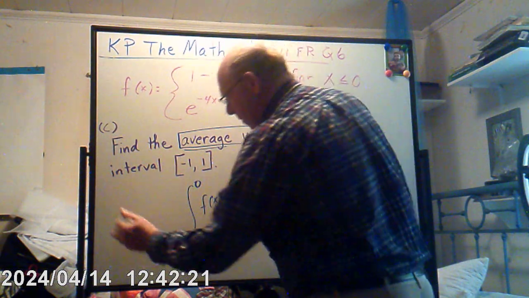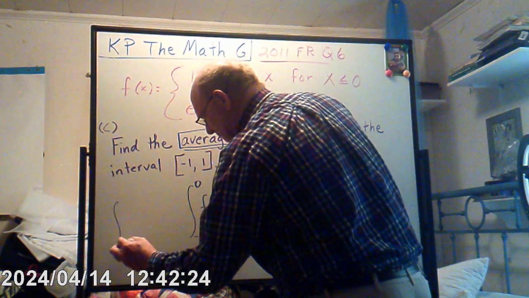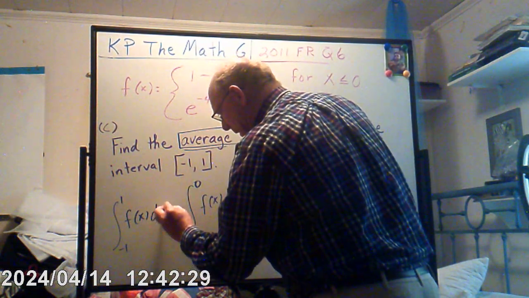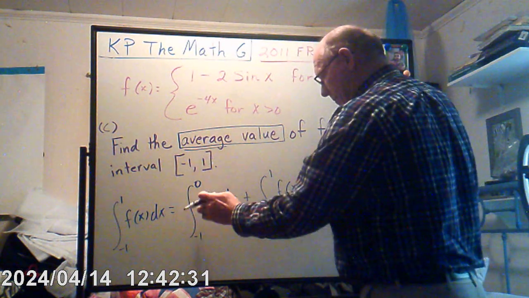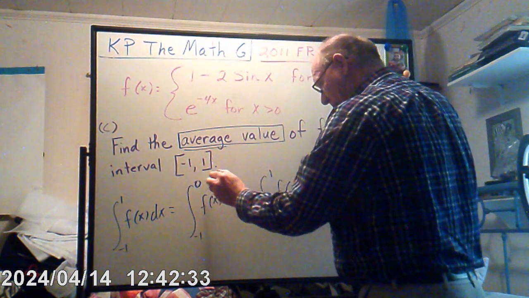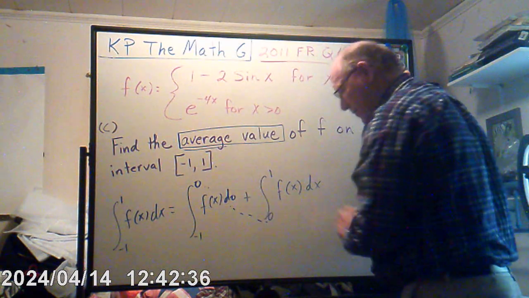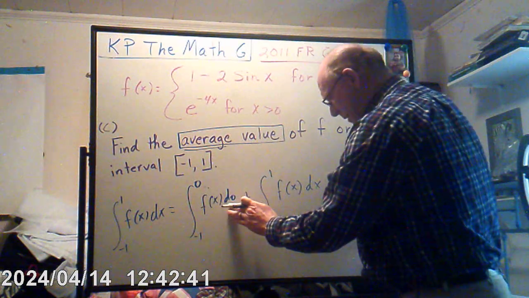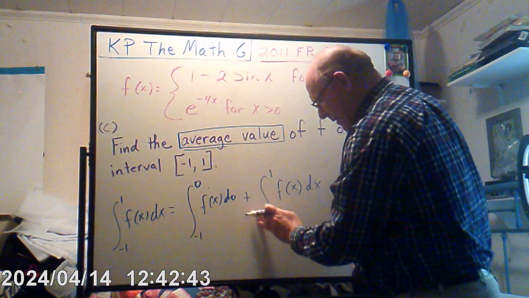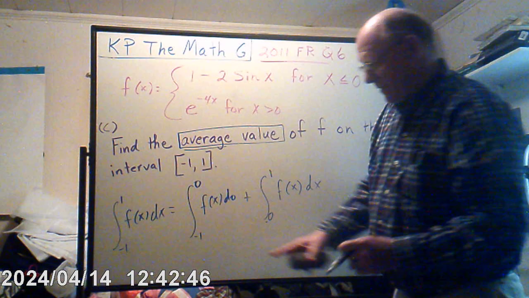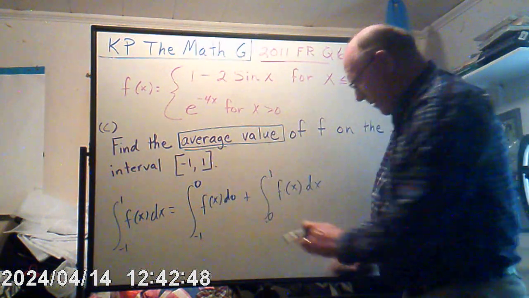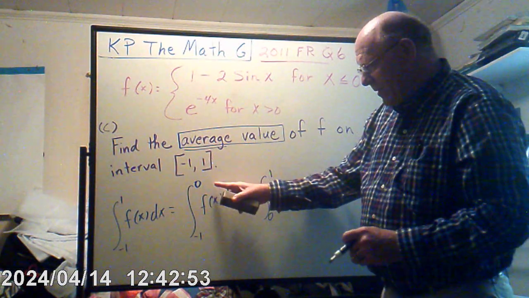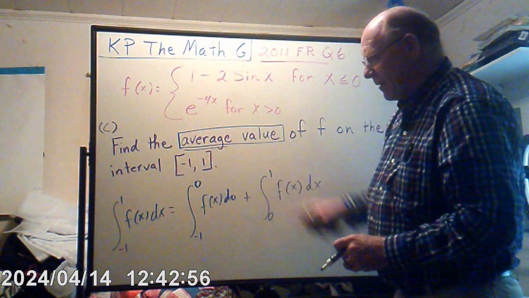I want you to know that the integral from -1 to 1 of f at x dx is equal to the integral from -1 to 0, and then of course from 0 to 1. You can do that. There's a rule of integration that tells you that you can add these two together, and the 0 links the two together, where you're going from -1 to 0 on the number line, and then from 0 to 1 on the number line.